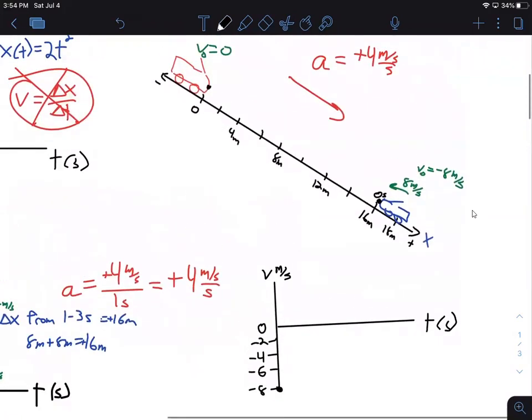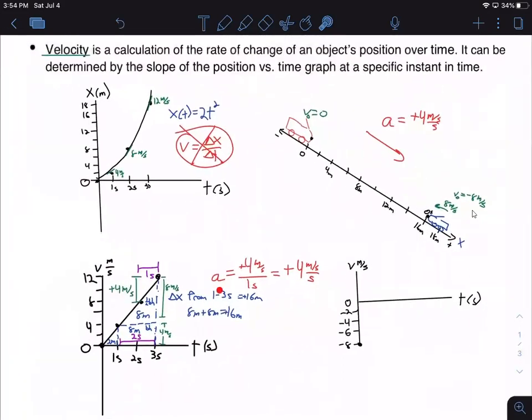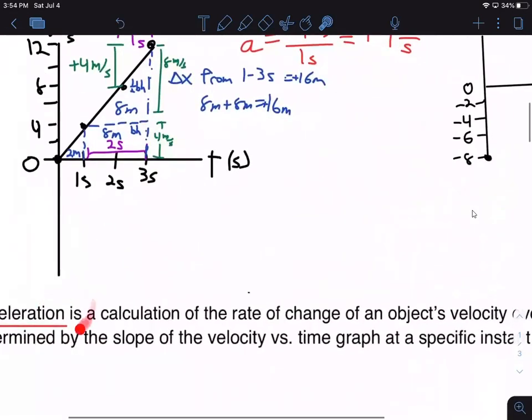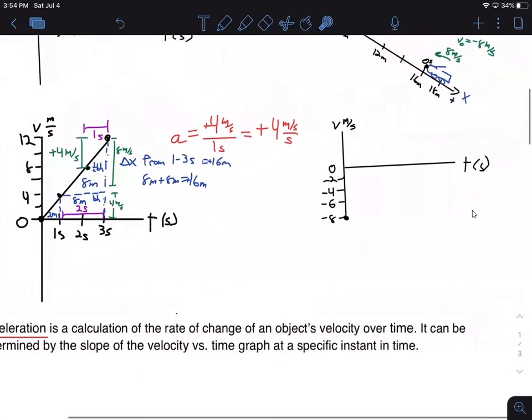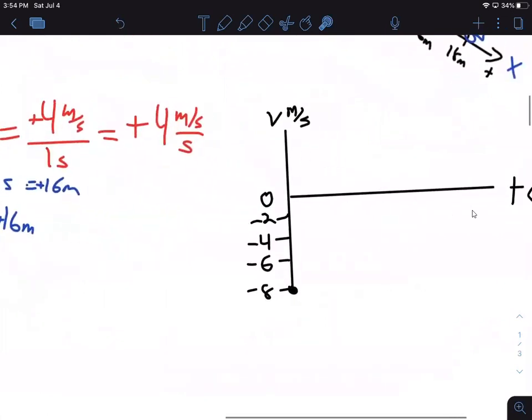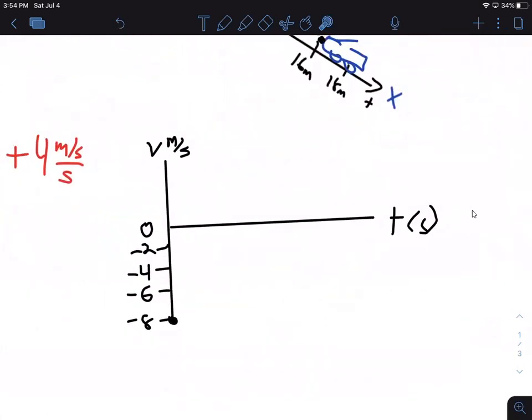We know its position, and we know it has a positive acceleration of 4 meters per second squared. Just looking at our definition of acceleration, acceleration is the rate of change of velocity over time. It's the slope of the velocity versus time graph. So we know that this graph needs to have a slope of positive 4.